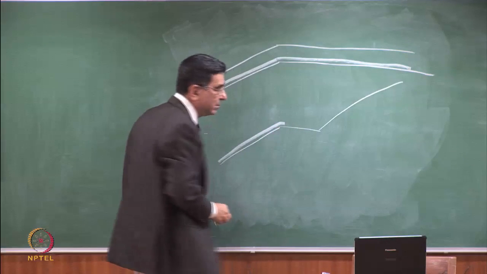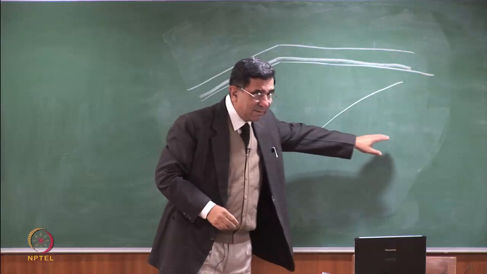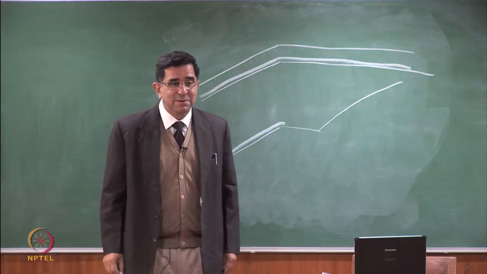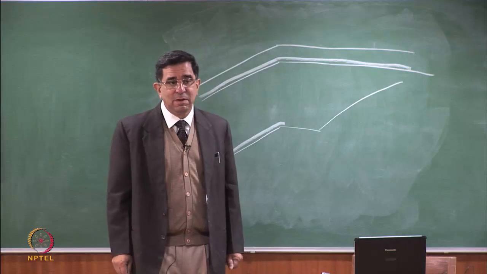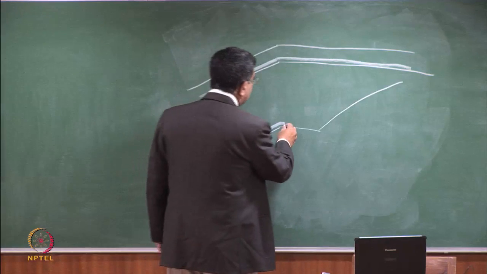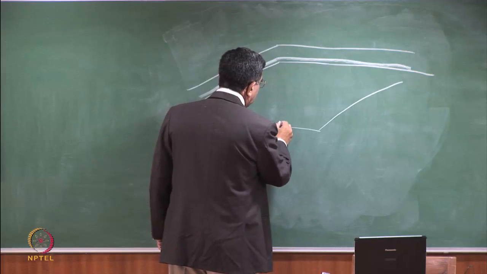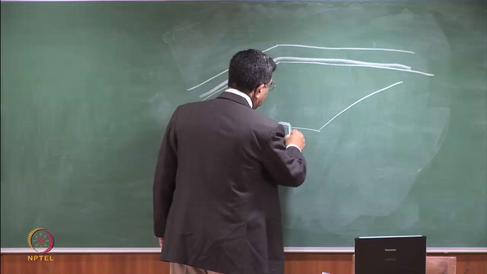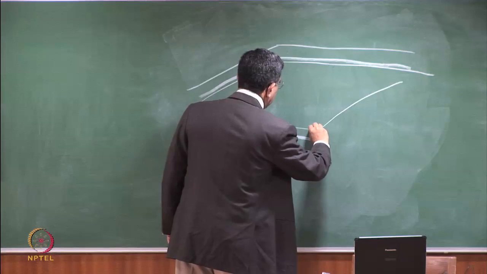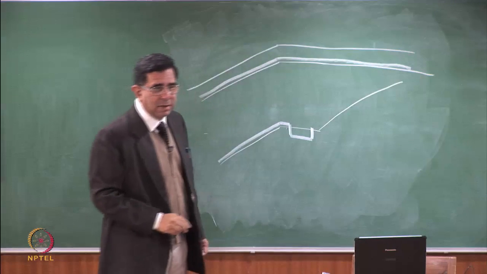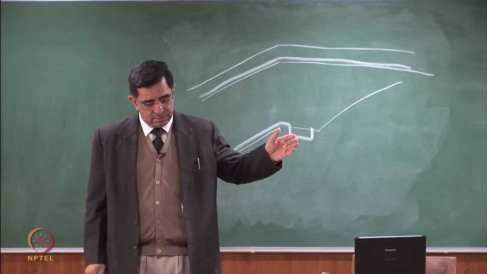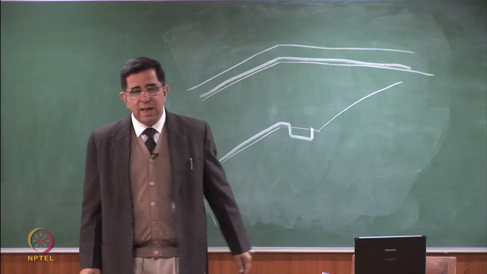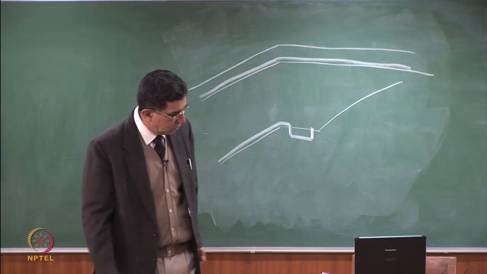You want 5 meters, you don't have 5 meters. So then the tendency is to dig a trench here, and that's called an anchor trench. So anchorage can be by just run out, or anchorage can be through a trench.